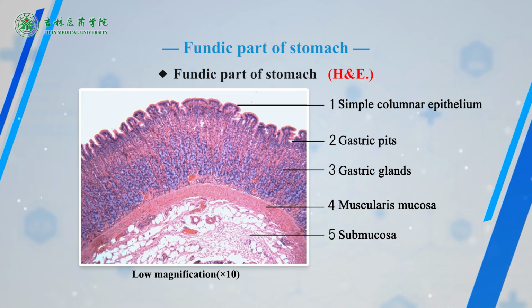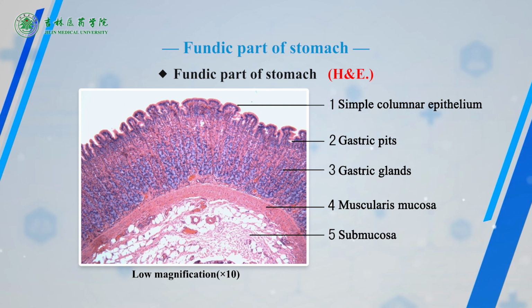The gastric glands may present longitudinal, oblique, or cross section, and from the superficial to the deep can be divided into 3 parts, which are named the neck, the body, and the base. Pay attention to the 2 kinds of gland cells: the chief cells and the parietal cells.